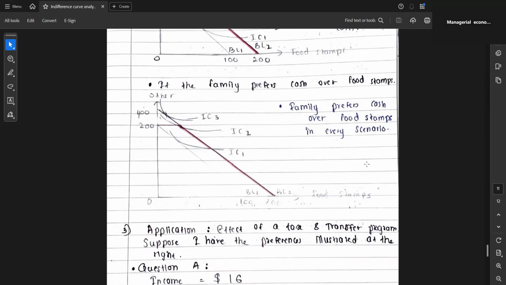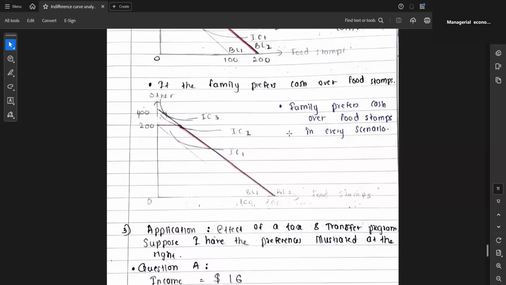So when the consumer has such a preference towards the other goods, and the consumer gets 200 worth of food stamps, now he doesn't have to spend any of his income on food stamps, and he can spend on what he actually likes.